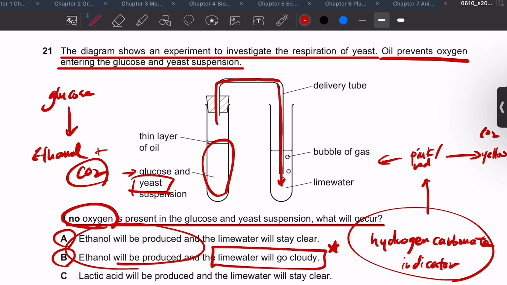If there's less CO2, it changes into violet or purple color. Okay, so here's another indicator or solution that can be used to see how much CO2 is present. Okay? Anyways, the answer for this question is B.